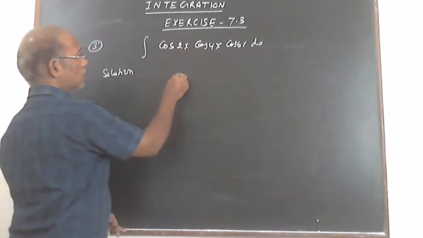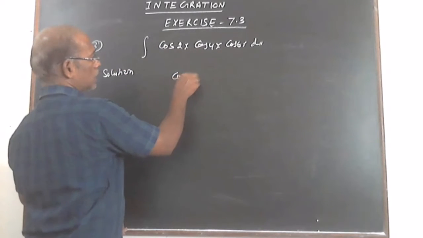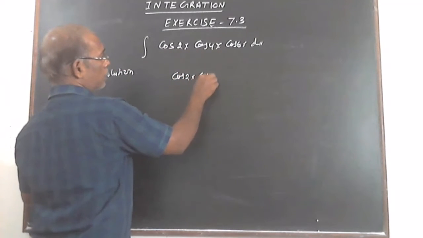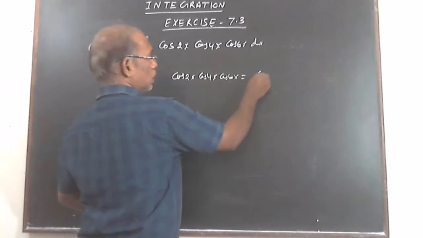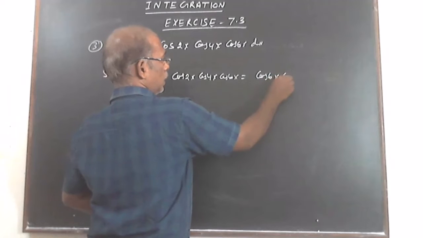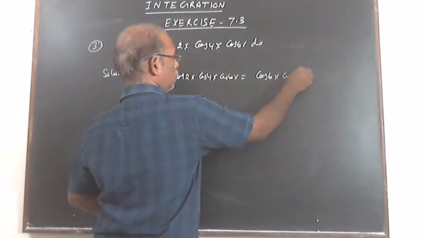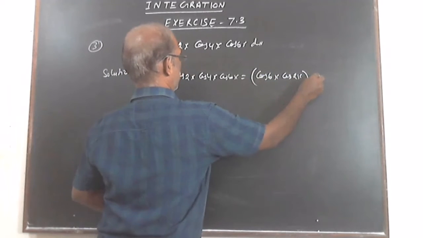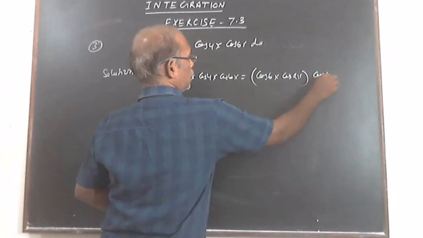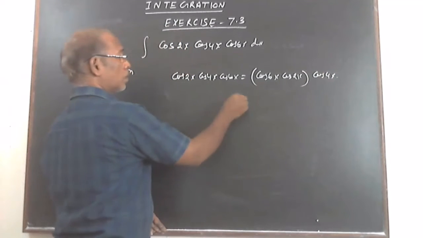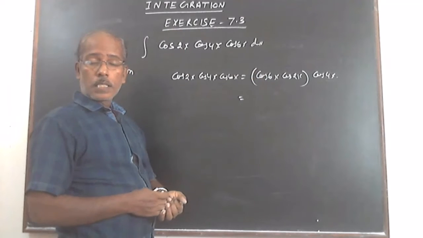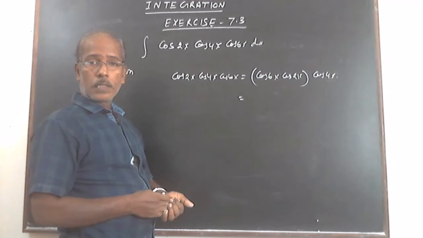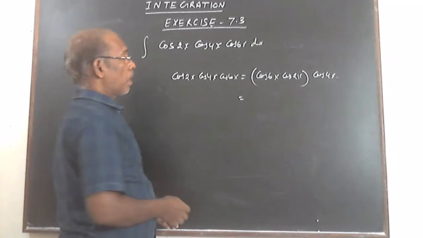Let us take cos 6x and cos 2x as one group, using the associative property, and cos 4x separately. Then 2 cos a cos b equals cos of (a plus b) plus cos of (a minus b).